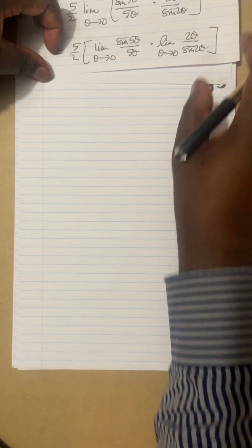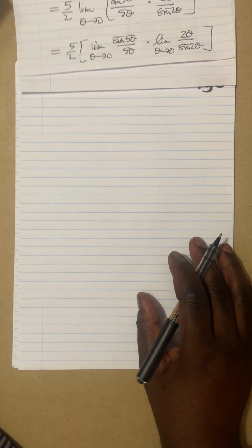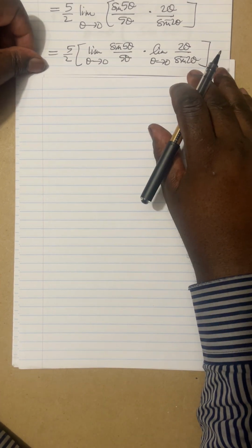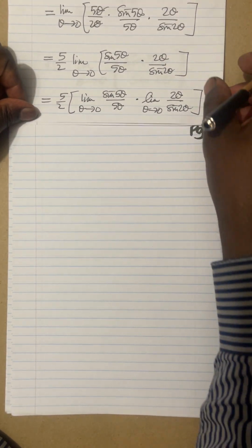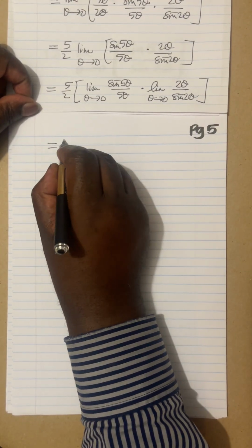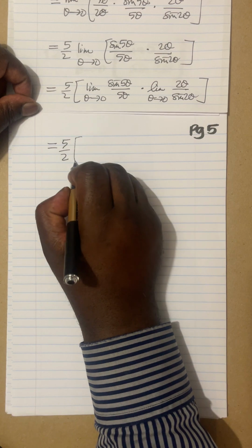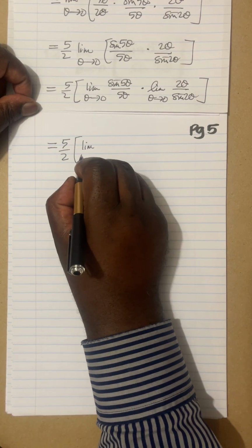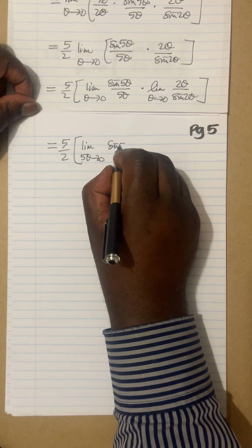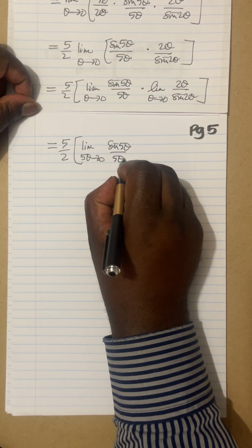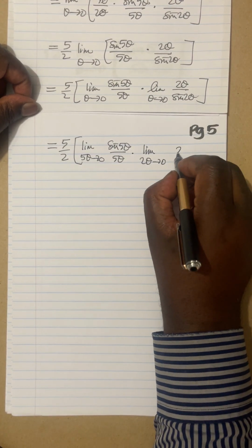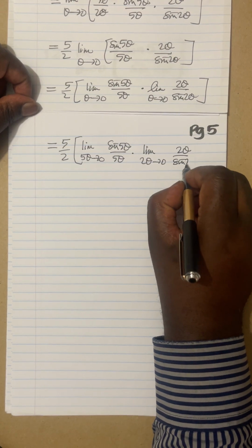Taking us to page 5, let me just complete this as quickly as I can. So basically this simplifies to, I move this one down a bit more, right? This is the same as 5 over 2 multiplied by the limit as 5 theta approaches 0 of sine 5 theta over 5 theta, times the limit as 2 theta approaches 0 of 2 theta over sine of 2 theta.